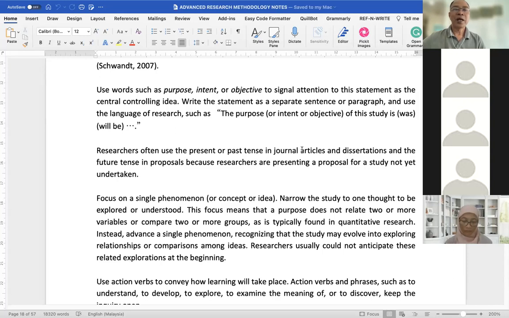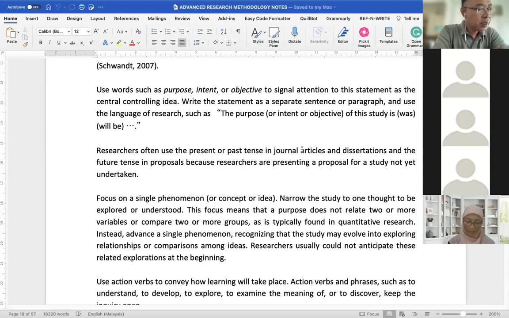They have the general intent of the study. So that's the difference between the purpose statement in qualitative research and in quantitative research.